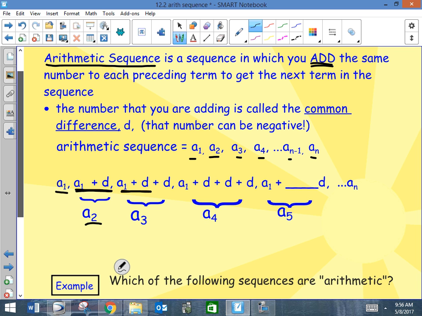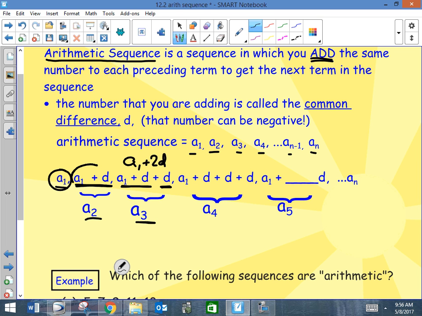Here's A1, we took another, added another D, that's A3, so that's A1 plus 2D, right? That one I don't need to rewrite, because it would be the same thing. So we got A1, A2, A3, okay, here's A3, sorry. And we added another D, so how many D's do I have now? I have 1, 2, 3, okay?